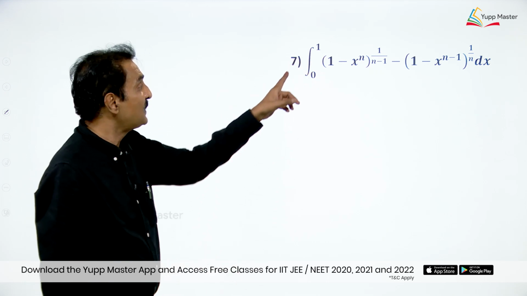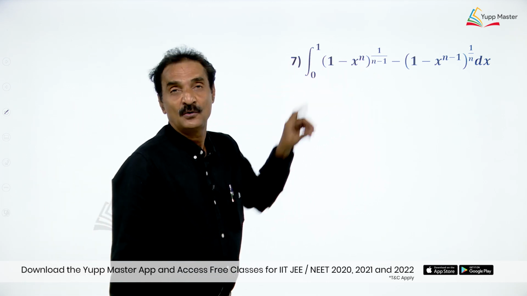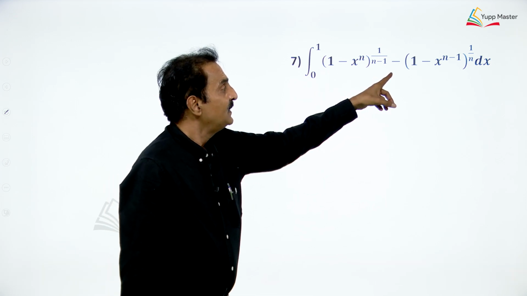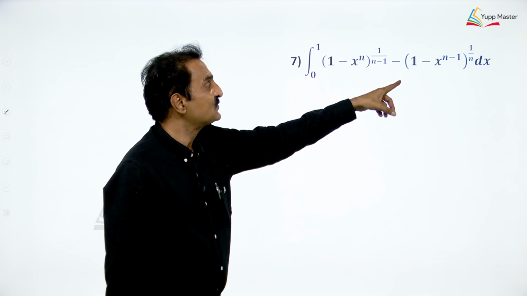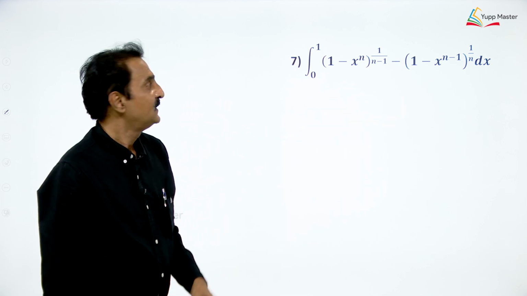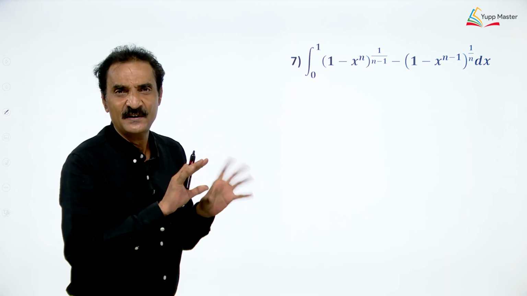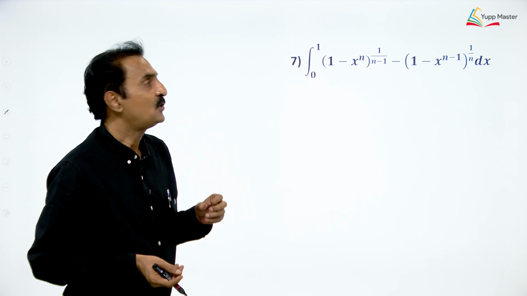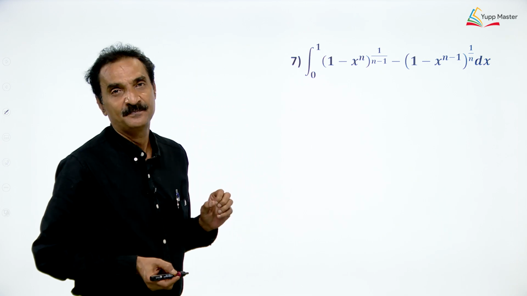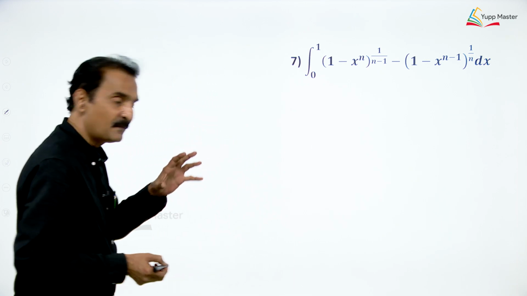Integral 0 to 1 minus x power n whole power 1 by n minus 1 minus 1 minus x power n minus 1 whole power 1 by n dx. How to find this? The function looks very complicated. So, we have to solve it by using one property or one formula.